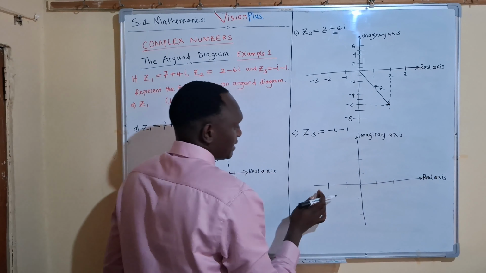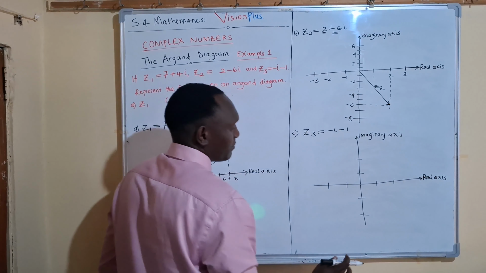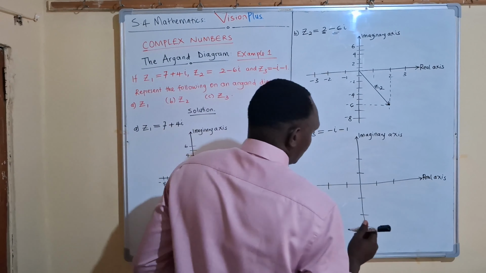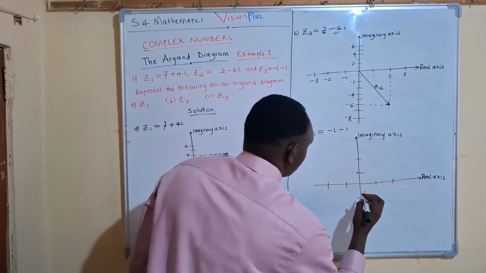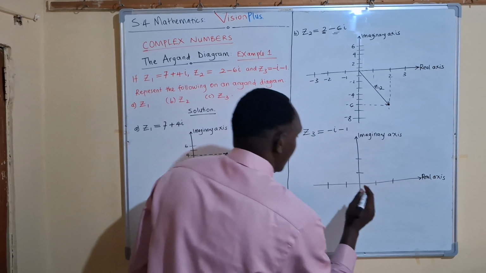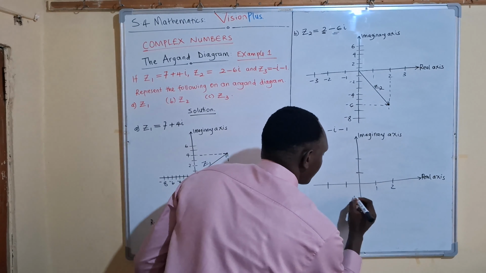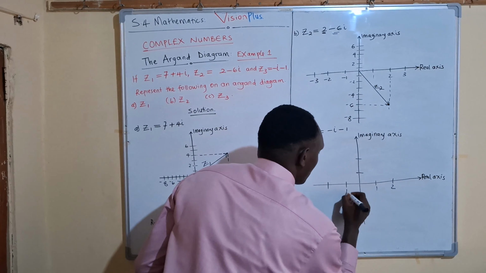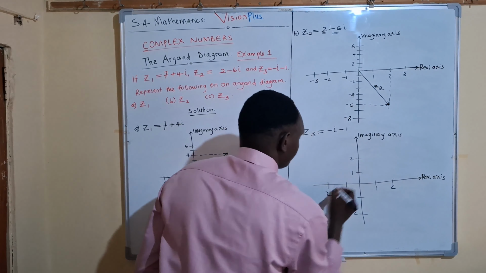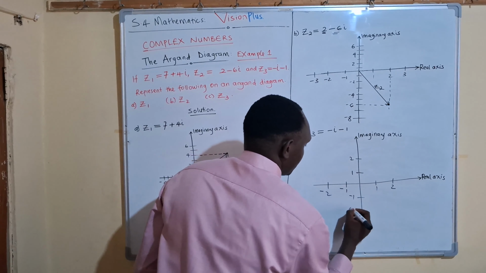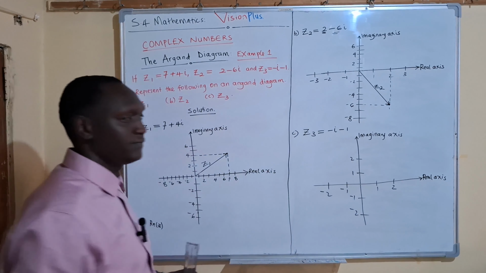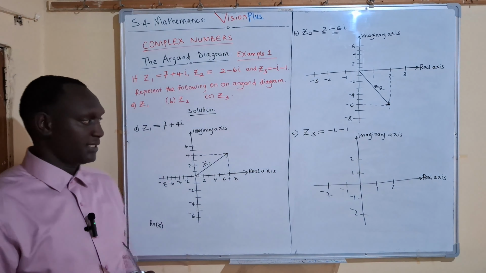The one for the real side may be different from the one of the imaginary side. Now you have labeled your axis.